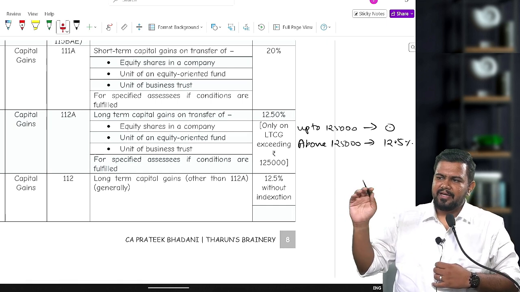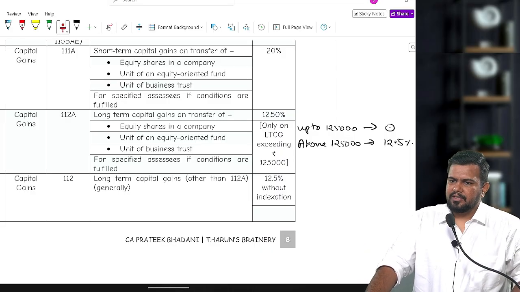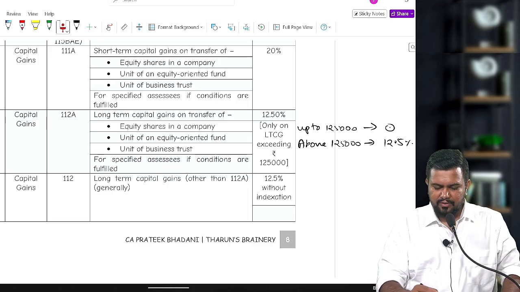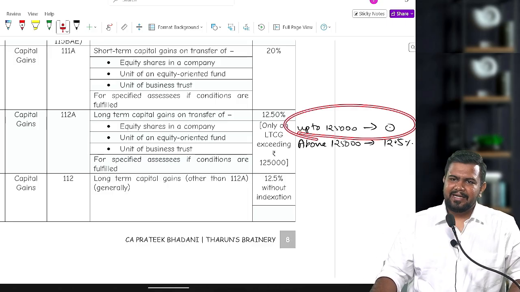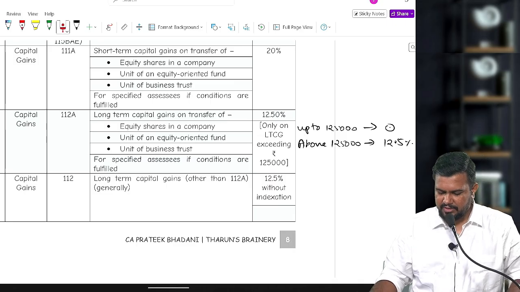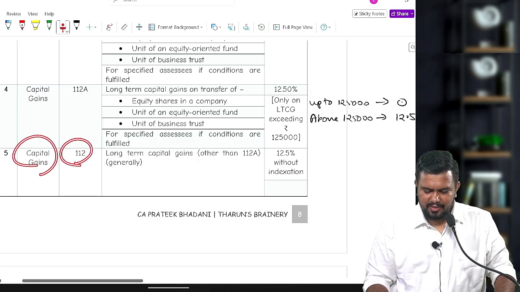Up to 1,25,000, zero tax. Above 1,25,000, 12.5 percent. Since this 1,25,000 benefit is there, the old regime does not give the benefit of rebate for this income.